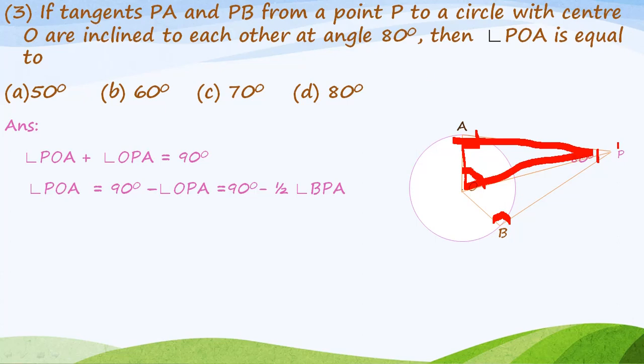Therefore, angle O plus angle P plus angle A is equal to 180 degrees.